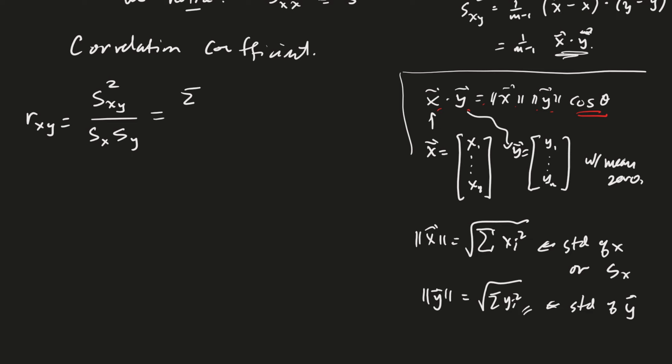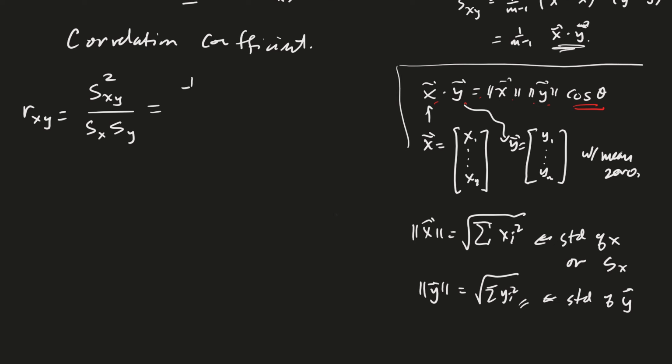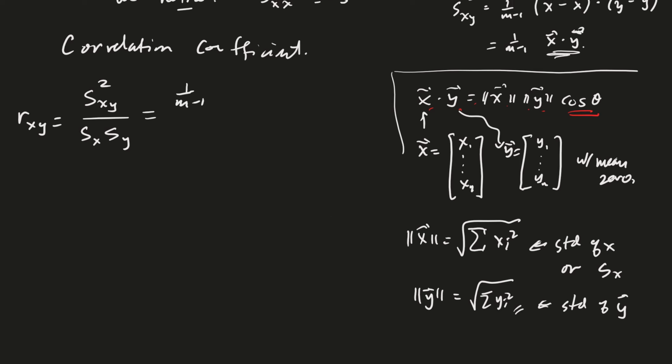I want to use the vector form of this instead, because this is equal to 1 over m minus 1 times x dotted with y, divided by the square root of x dot x.